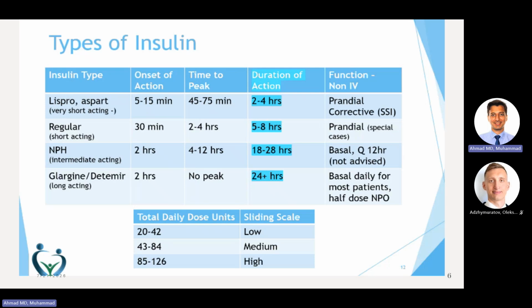So if your total daily dose is 40, but they may be very hyperglycemic in that moment, don't react and put them on the high sliding scale. You will cause hypoglycemia. So this correlates with the total daily dose. All right, so calculate it. If your patient is 60 per day, then yeah, I think the medium sliding scale will be appropriate.